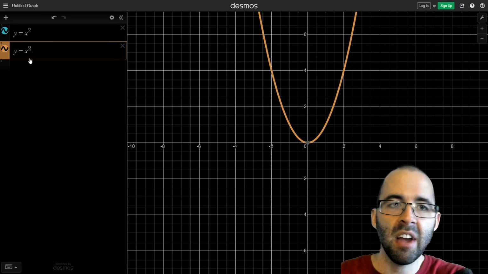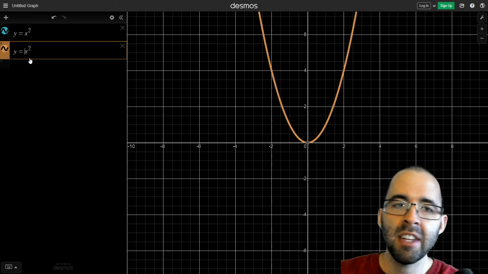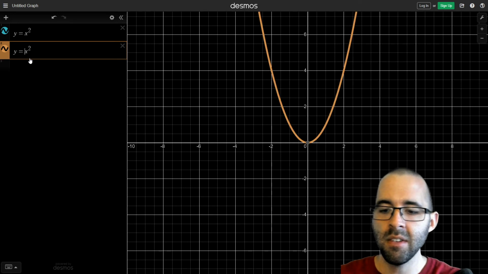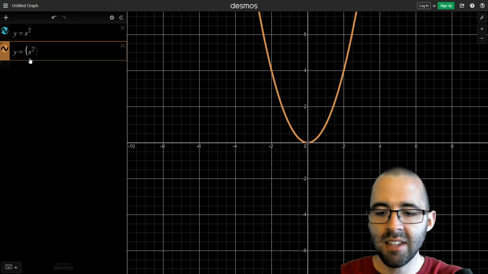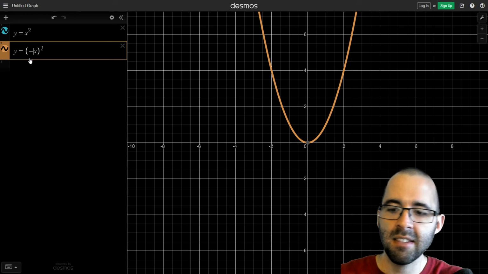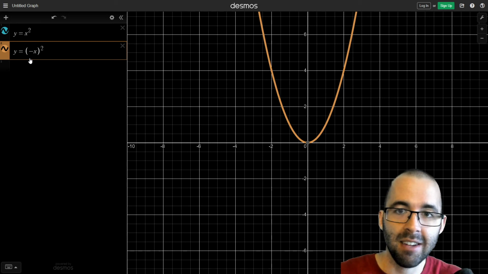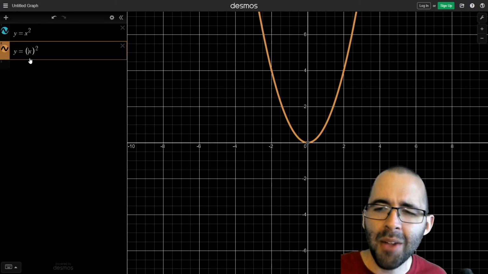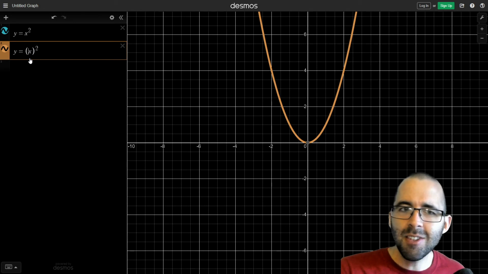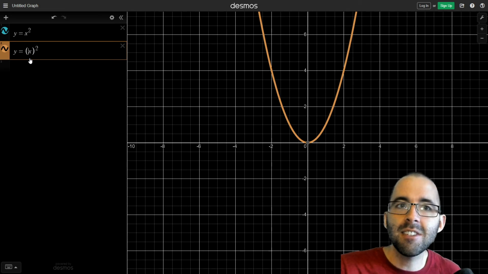Notice, if I have x squared and I put a negative on the outside of the function, that flips it upside down. But if I put a negative on the inside, reflecting this around the y-axis doesn't do anything. It's symmetric.